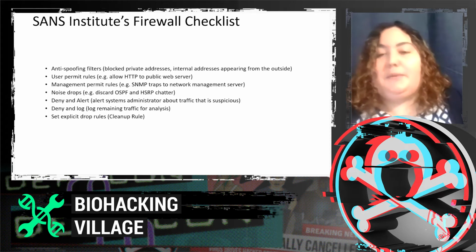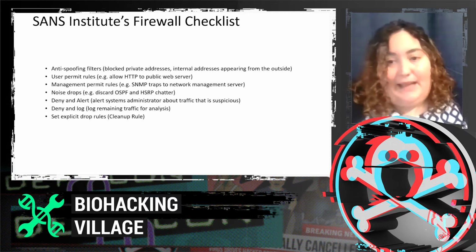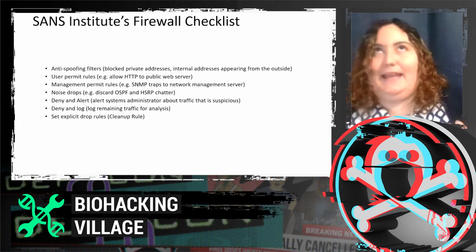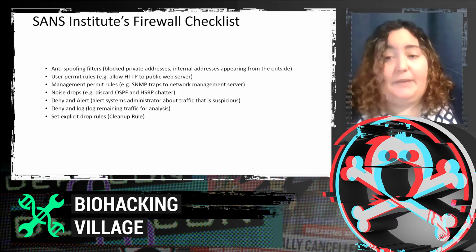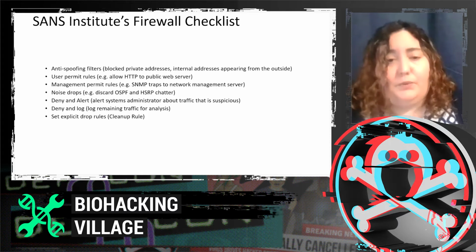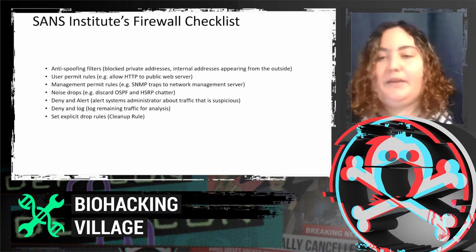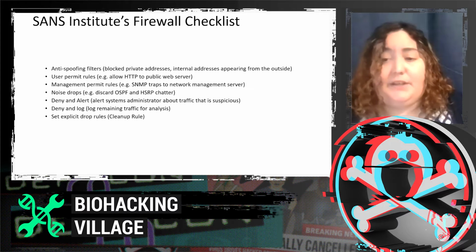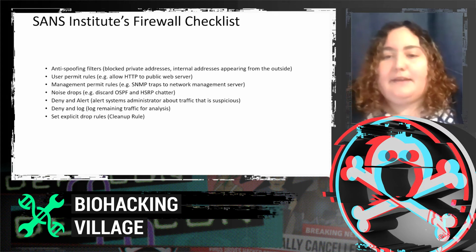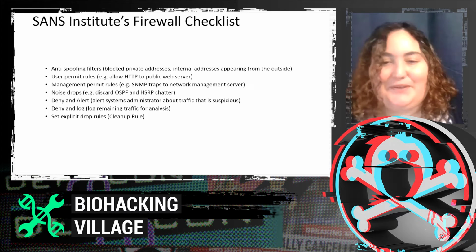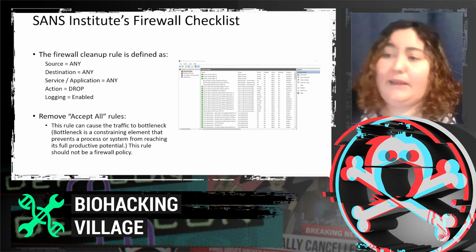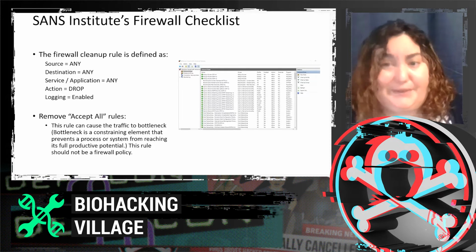You want to place a drop any rule. It's a cleanup rule, so if you forget about something, this default rule will clean it up. You want this at the bottom of each security zone, as a catch-all mechanism for capturing traffic. Here's an example of what a cleanup rule would look like.